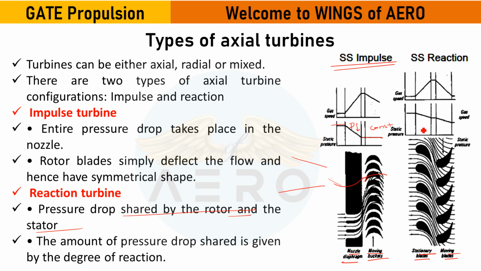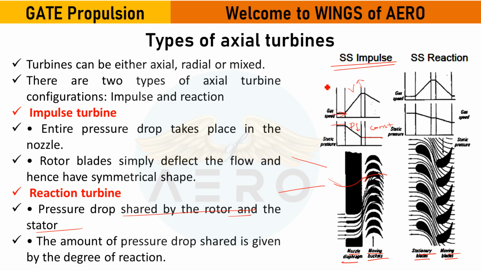Next is the reaction type. First, I skipped the speed in the impulse. As the flow comes into the stator, once it enters the stator blade, we can see the velocity increases.